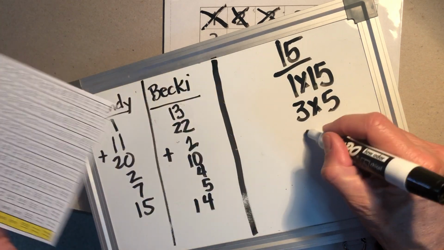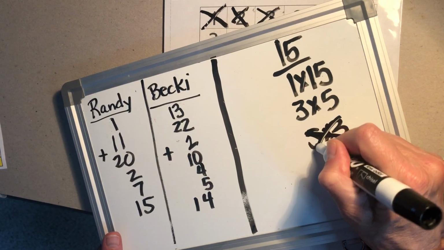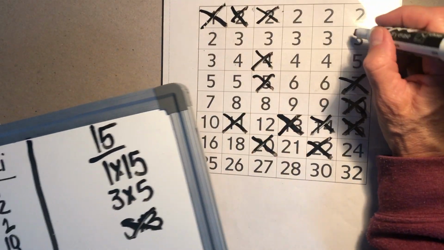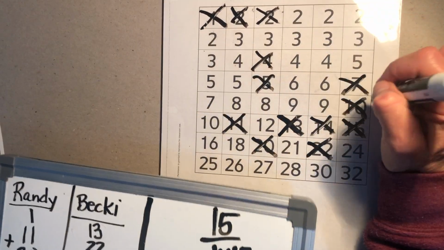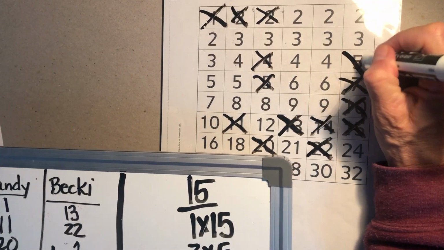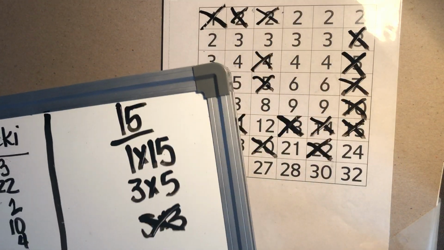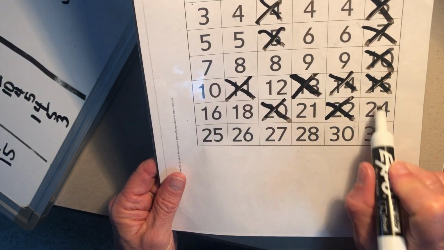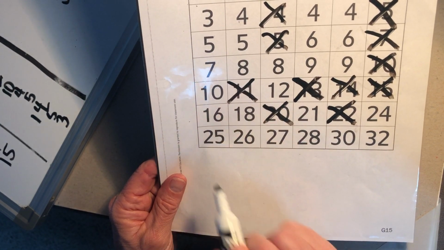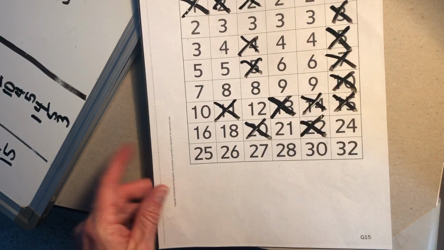Yes, 5 times 3. Ding, ding, ding. Here are all the factors. So I get to cross off 1 and 15 already crossed off. 5 and 3. And play continues until you have all of the squares that are 2-digit numbers crossed off. And that's how you play Factor Captor.